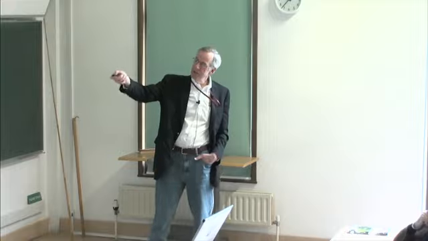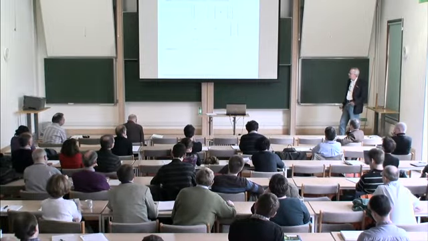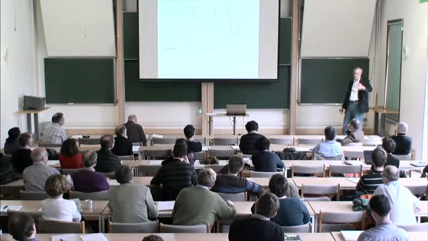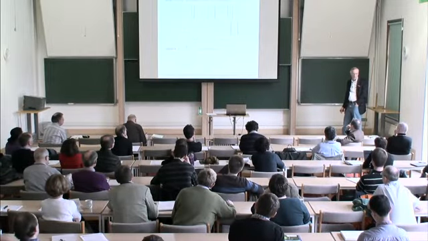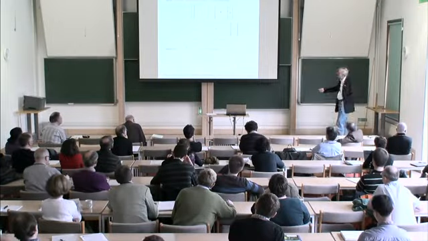And you can contrast that with what you would get out of the magnetic field version of this, which is essentially the same. The difference in modeling the magnetic field transition is that to this order of modeling, the magnetic field is treated as completely uniform throughout the sample, and the director field has no influence on it whatsoever.